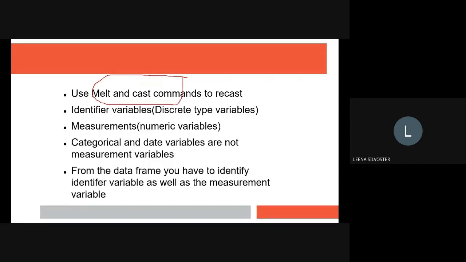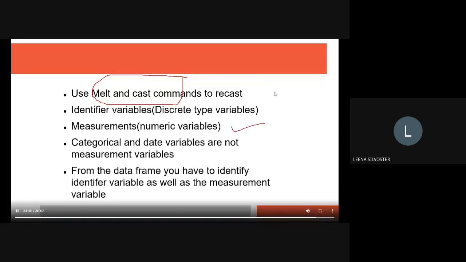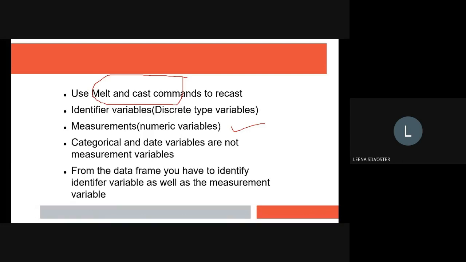So there are different types of variable. One is identifier variable. Identifier variable means it is a discrete type of variable. And another type of variable is measurement or numeric variable. Measurement variable means it will be numeric only.